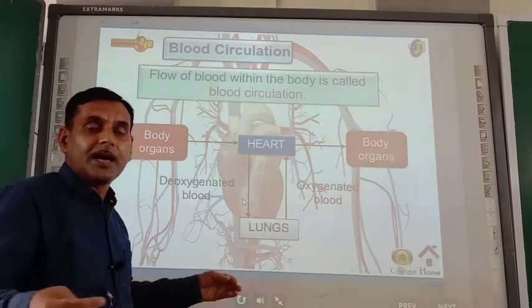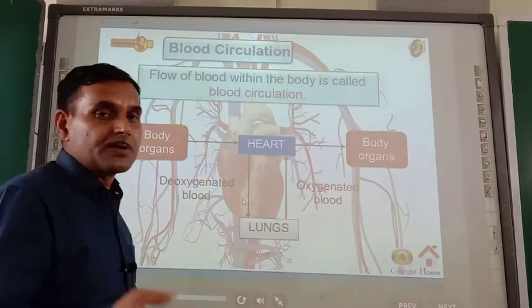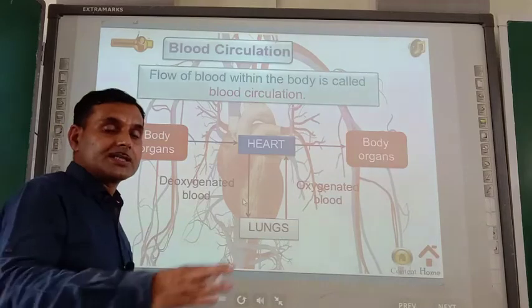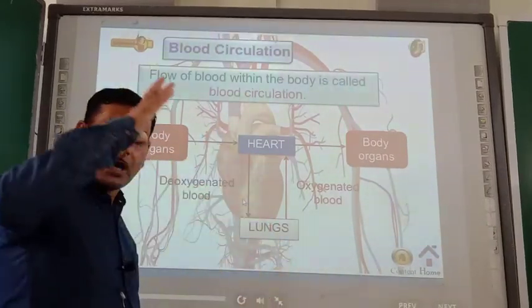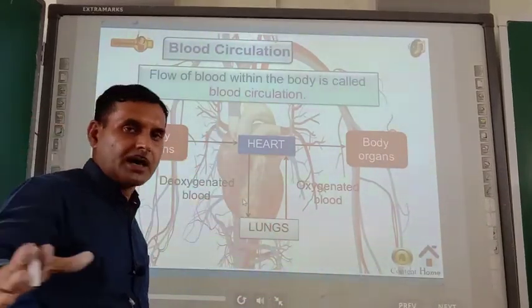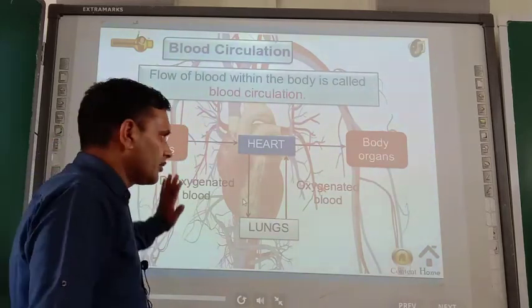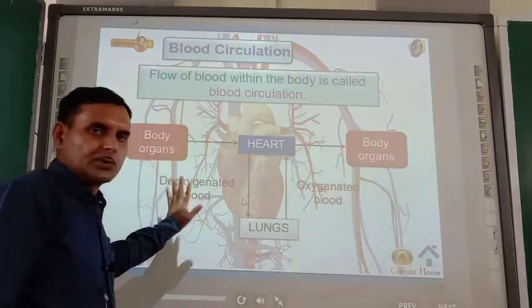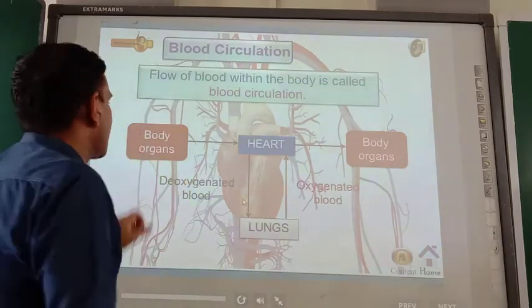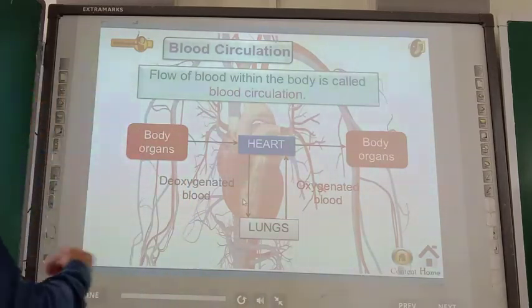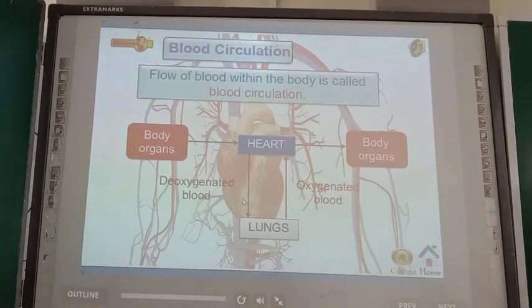And because of that, blood is not mixing with each other. Moreover, the right half of the heart and the left half of the heart are divided by the septum. Okay, everything you might have seen. So this is the blood circulation. Let us see one more animation for better understanding of this.